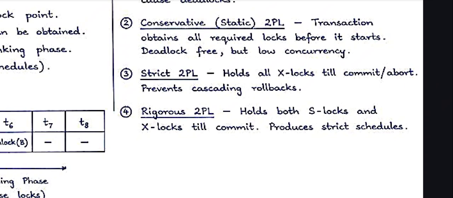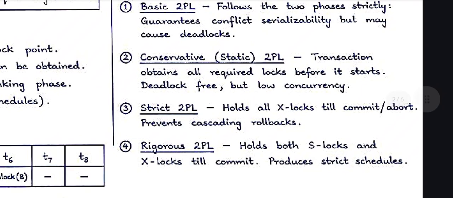Strict two-phase locking holds all X locks till commit or abort, prevents cascading rollbacks. Rigorous two-phase locking holds both S locks and X locks till commit, produces strict schedules.